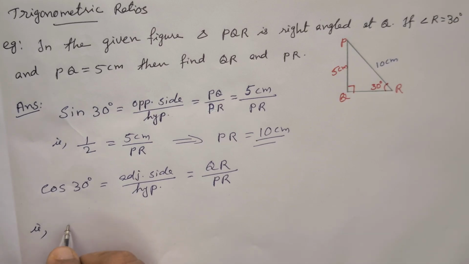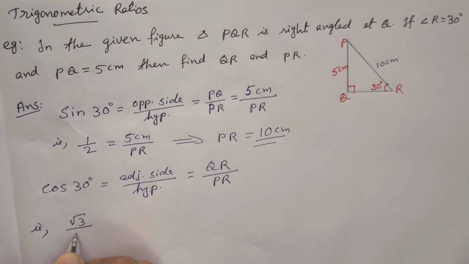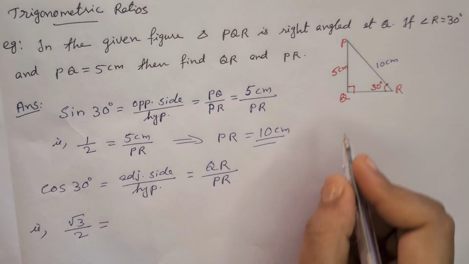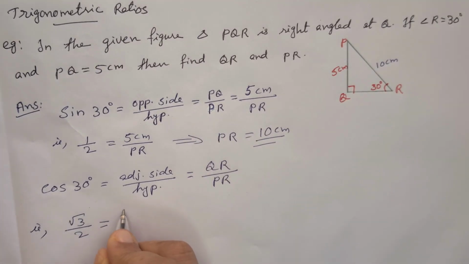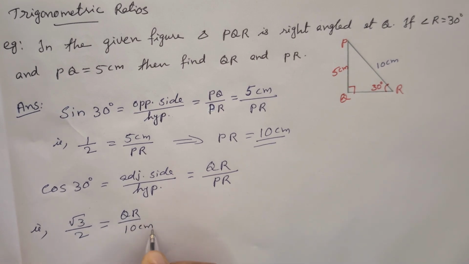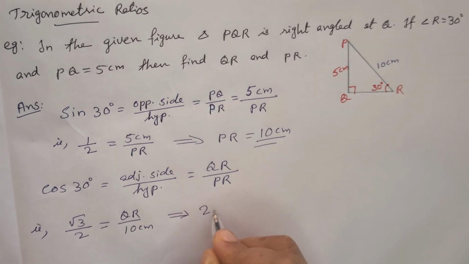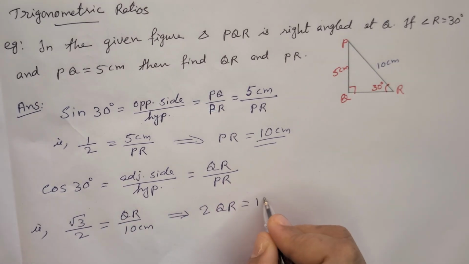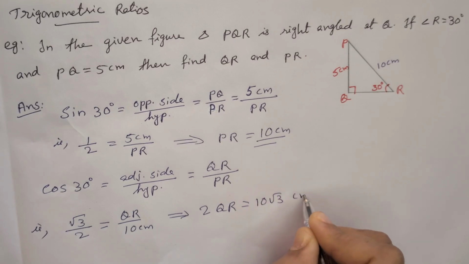So the value of cos 30, root 3 by 2, is equal to QR, which we are going to find, by PR hypotenuse, that is 10 centimeter. Cross multiply, 2QR is equal to 10 into root 3, 10 root 3 centimeter.